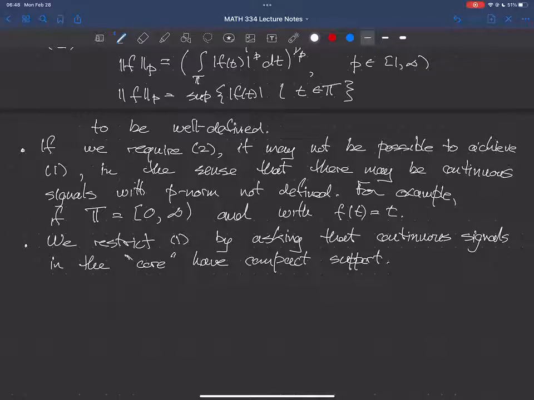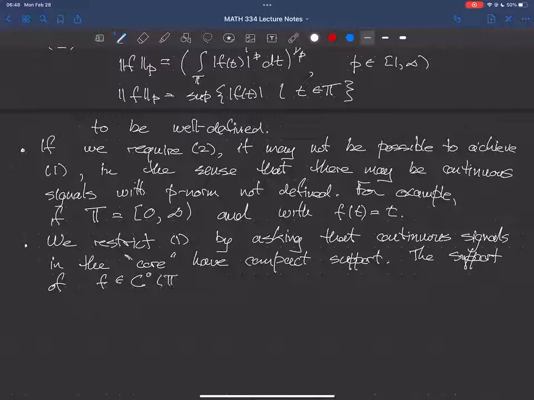The support of F, which is now going to be some arbitrary signal.